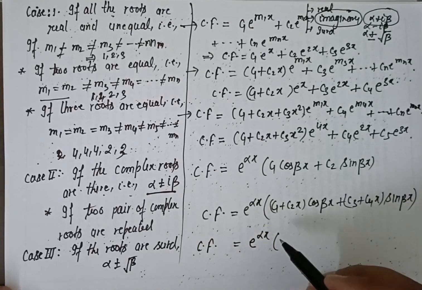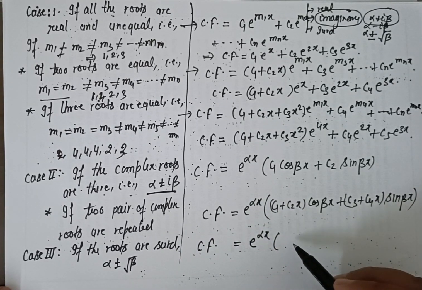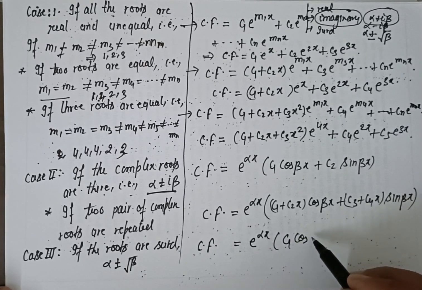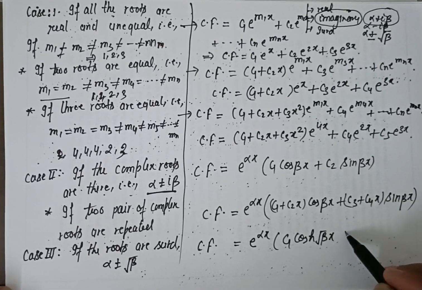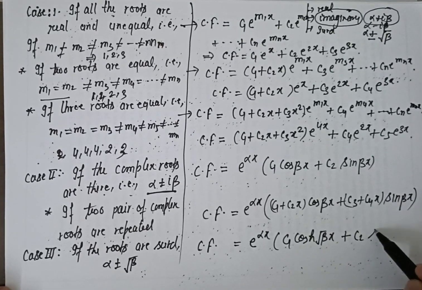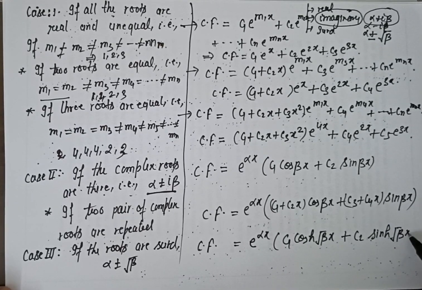The complementary function will be e to the power alpha x, and then c1 cos hyperbolic square root beta x plus c2 sin hyperbolic square root of beta x.